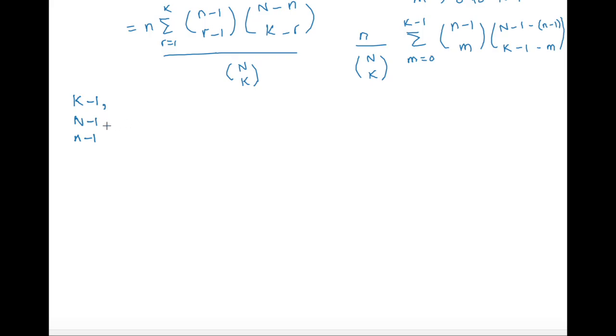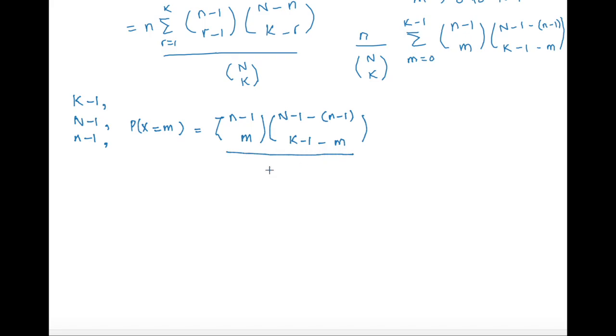So for that one I will write probability X is equal to m, this is equal to (n minus 1) choose m, times (N minus 1 minus (n minus 1)) choose (k minus 1 minus m), divided by (N minus 1) choose (k minus 1).